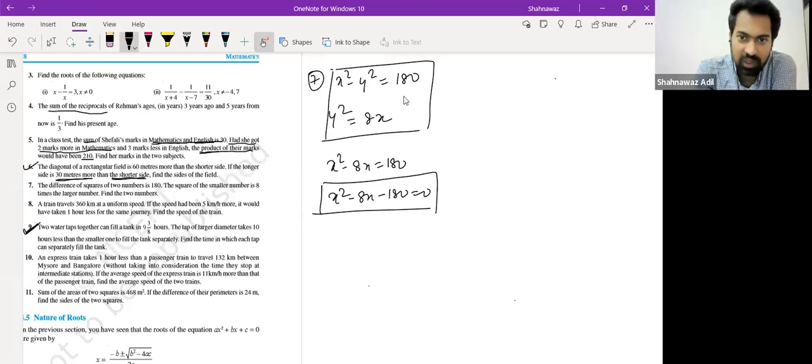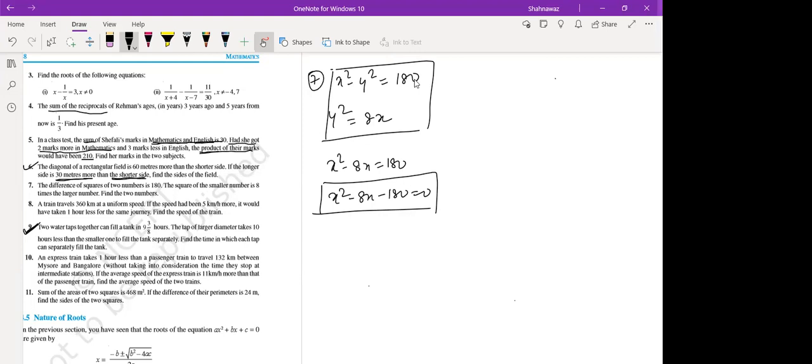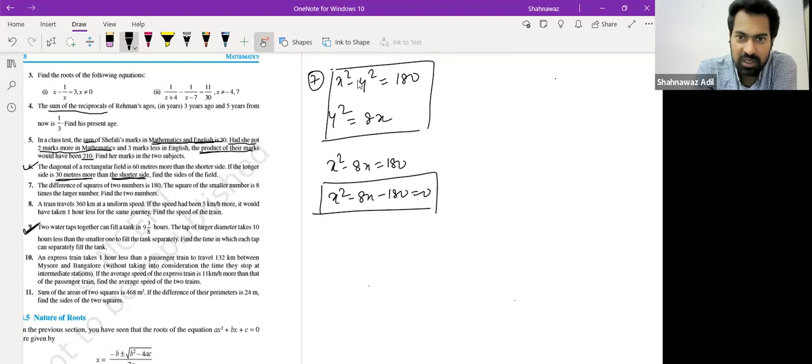So, the difference of squares of two numbers is 180, right? Yes. And the square of the smaller number. So you can see how we take the difference. This must be the bigger number and this must be the smaller number, right?